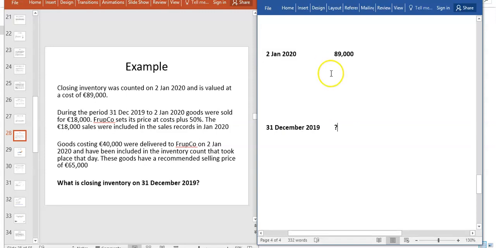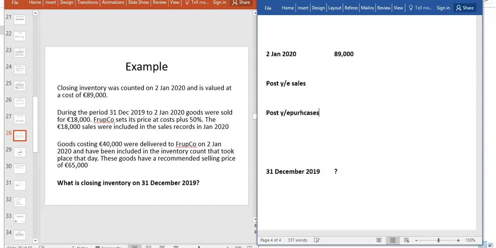How to work back. So we have it at the end of the 2nd of January, but we know there has been post year-end sales, and there's also been post year-end purchases. Now you have to be careful because this is slightly different whether you're doing a roll back or a roll forward. In our case here, what we're doing is a roll back.